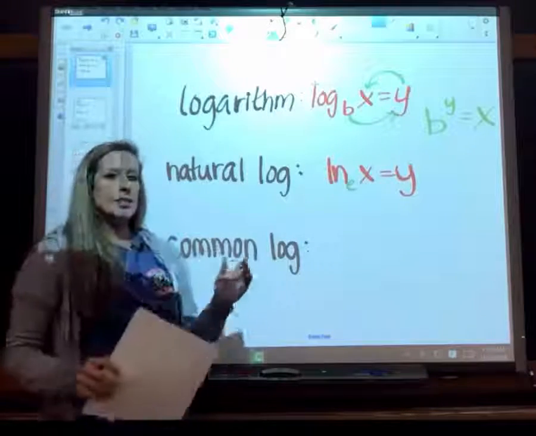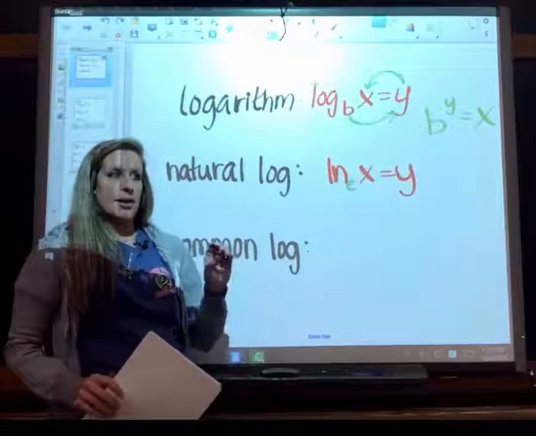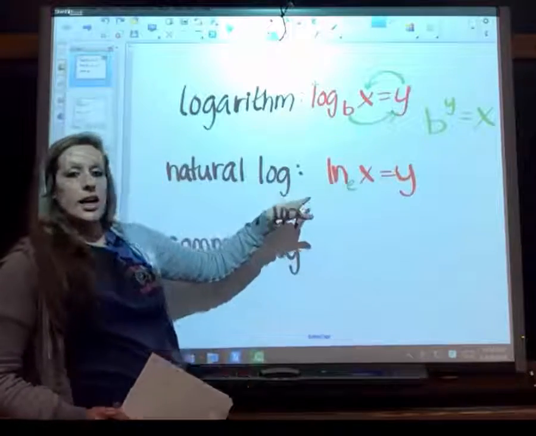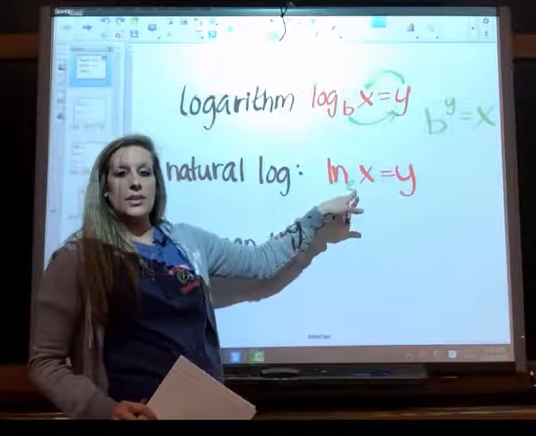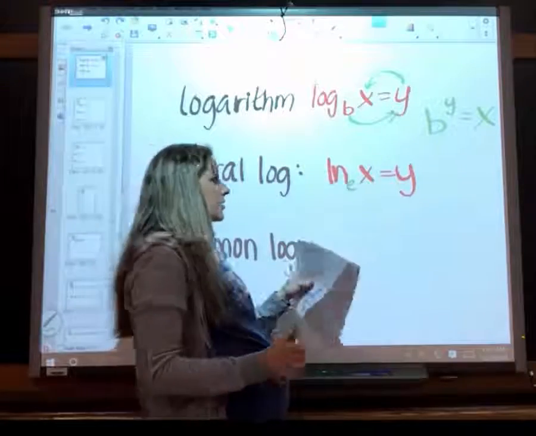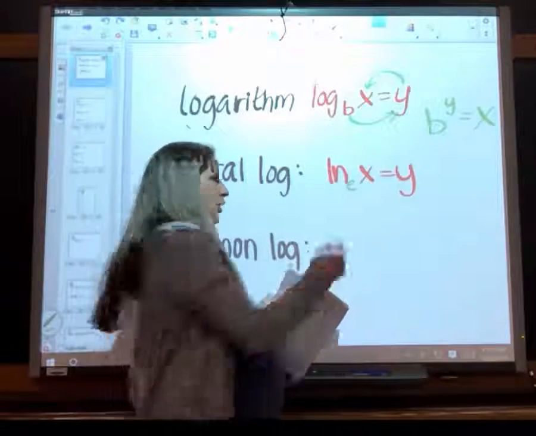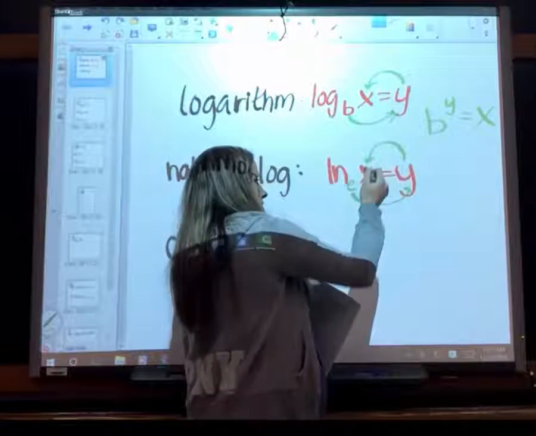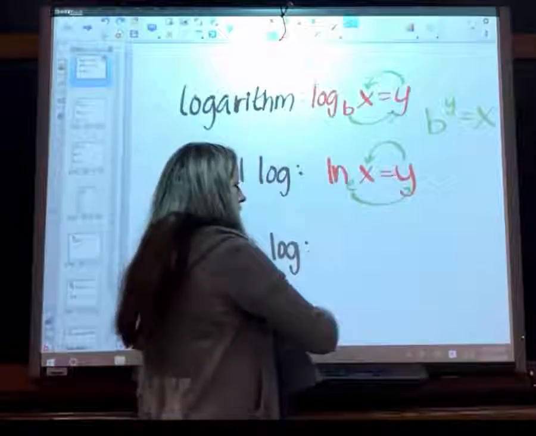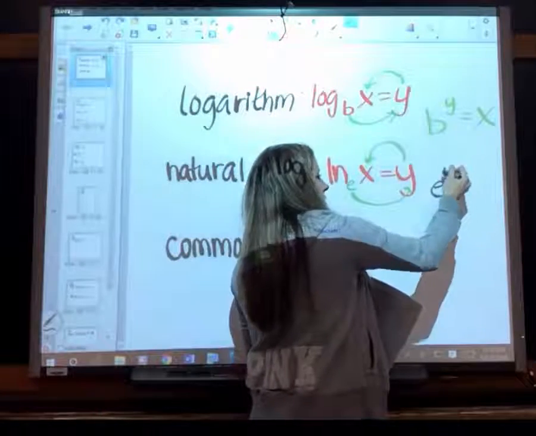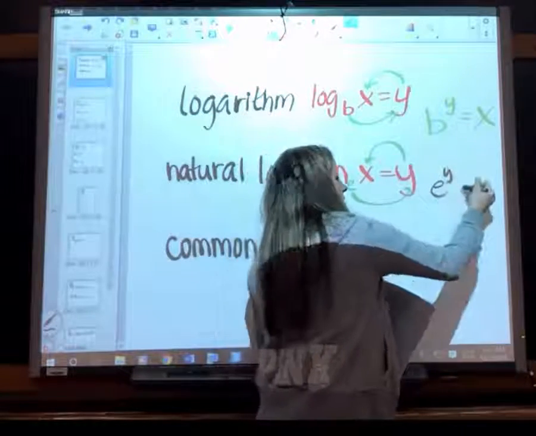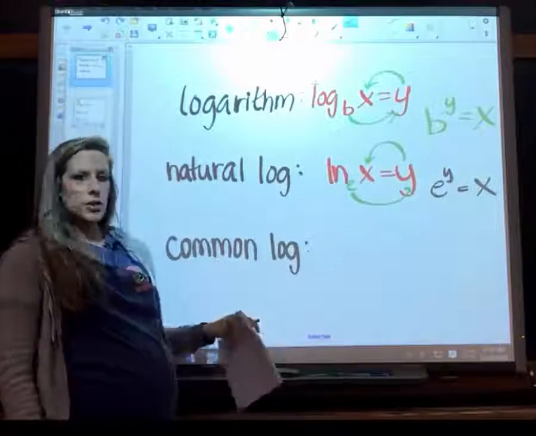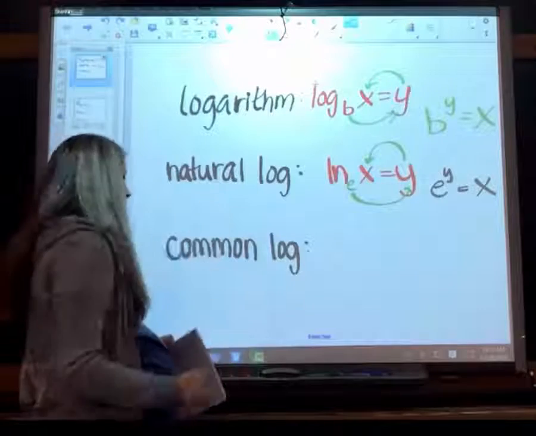They don't always say 1, but it's there. It's kind of an understood 1. Well, with natural logs, it's an understood base of e. So if we want to change this to exponential form, we're going to start with our base and move counterclockwise. So it'll be e to the y power equals x. Always start with the base and move counterclockwise.